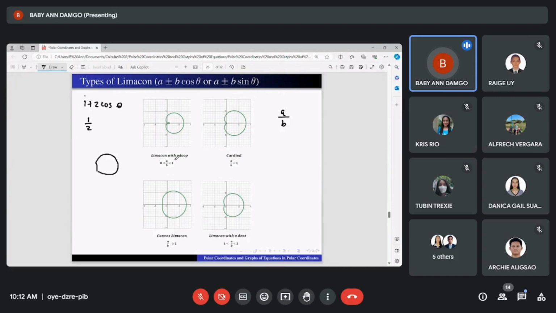Convex limason, miss. Okay, so it's convex. So 2 over 1, so we have 2. Okay, very good. It's a convex limason.